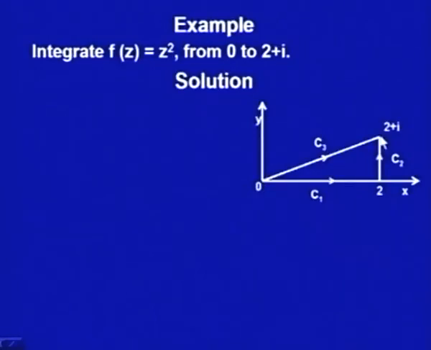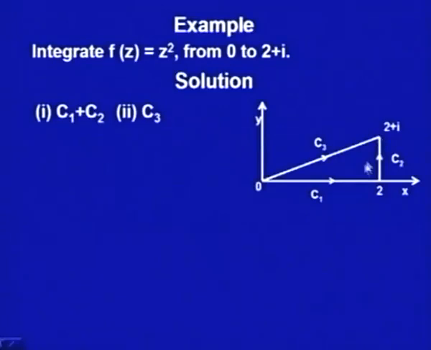Now, I can reach this point in many ways. Either I can reach first from 0 to 2 and then from 2 to (2, 1), that is, along this contour C1 and then contour C2, or we can directly reach along this straight line from 0 to (2, 1), that is this contour C3.